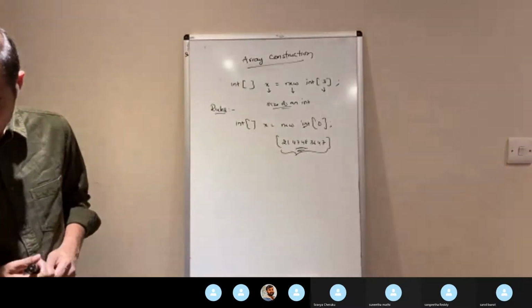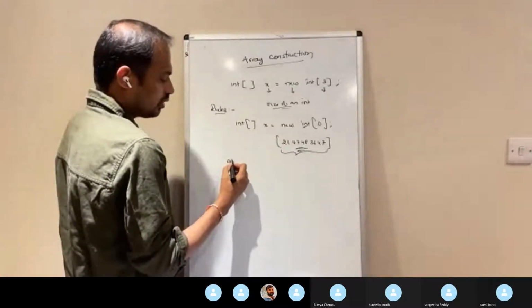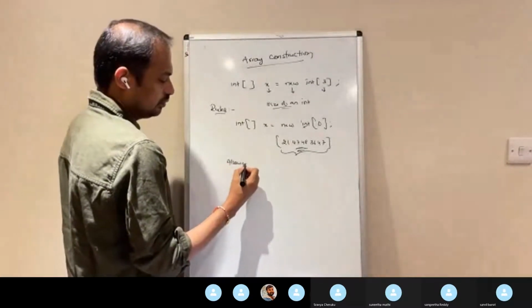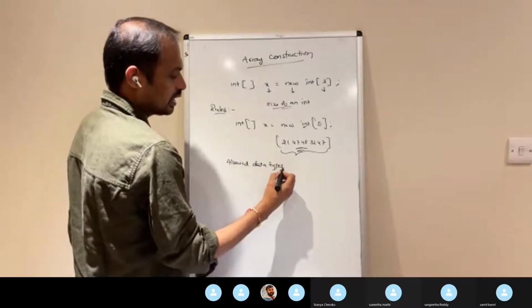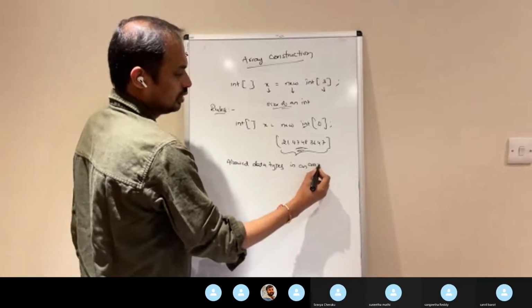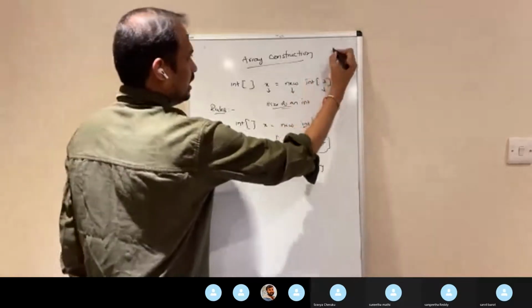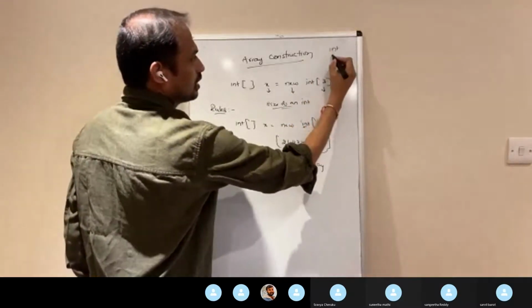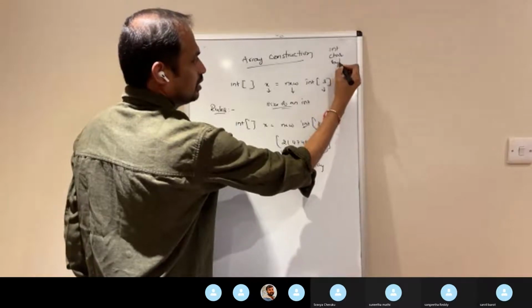And allowed data types, already I told you. What are the allowed data types in an array? int, char, byte, short.